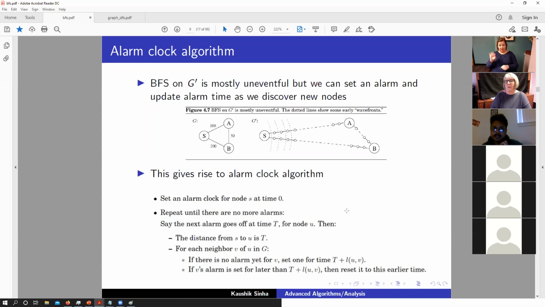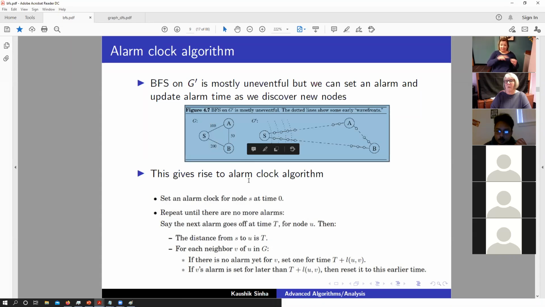But let's say that our graph has quite large edge weights. So let's say that here we have S to A that has an edge weight of 100, S to B has an edge weight of 200.